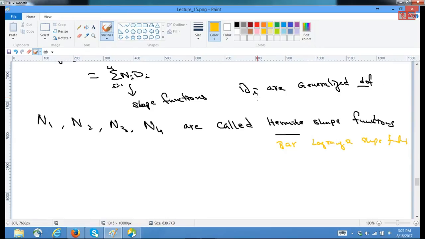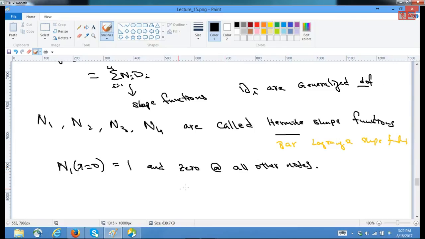Firstly, for a beam element, you need to understand that n1 at x equals 0 is equal to 1, and 0 at all other nodes.